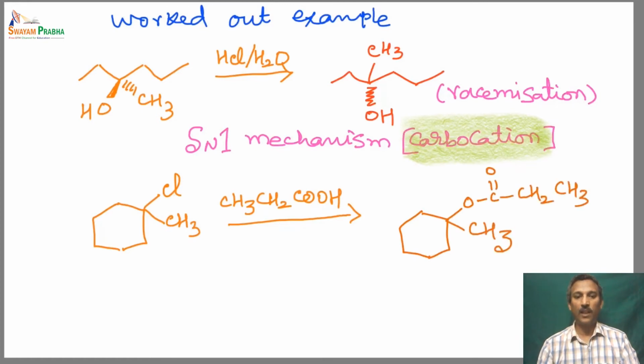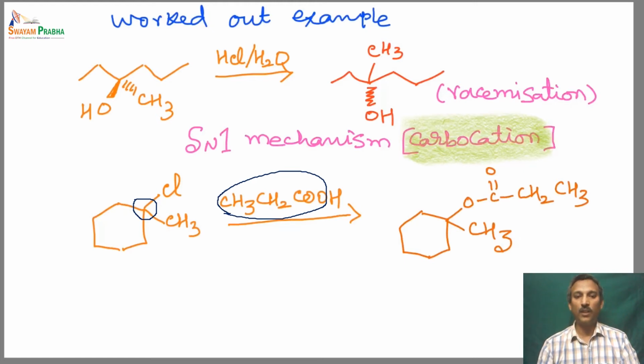If we take another substrate, here also we have a quaternary carbon. This also undergoes acylation. In this case, the carboxylate anion is the nucleophile.